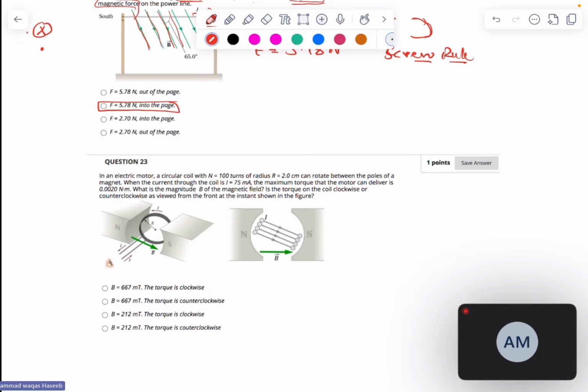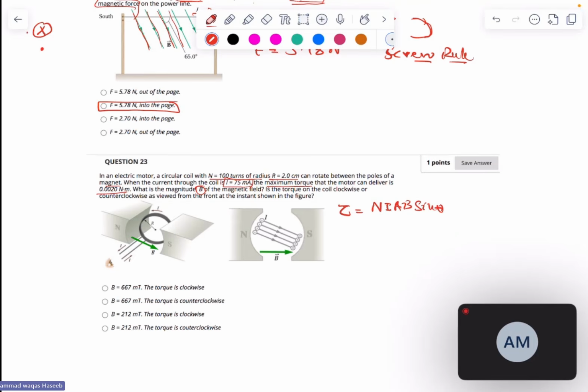In an electric motor, the circular coil has 100 turns with a given radius and rotates between the poles of a magnet. When the current through the coil is 75 milliampere, the maximum torque that the motor can deliver is given. What is the magnitude of B? When you place a circular loop into a magnetic field, it experiences a torque, which is N I A B sine theta.